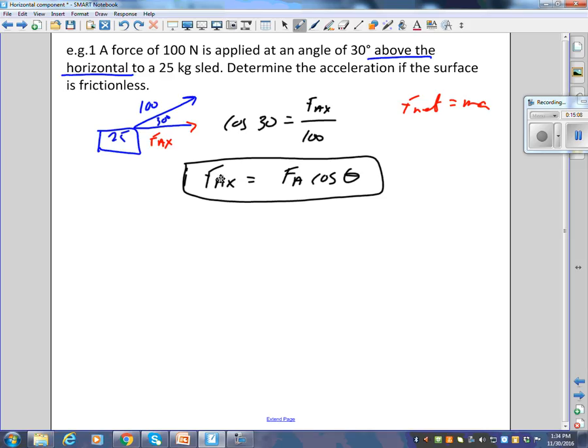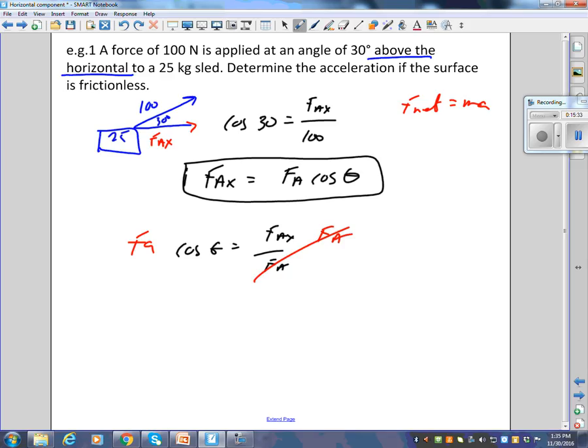Really what we're doing here is FAX over FA. I'm really multiplying both sides by FA. Can you multiply by a variable? Why not? You can still multiply by the value FA.